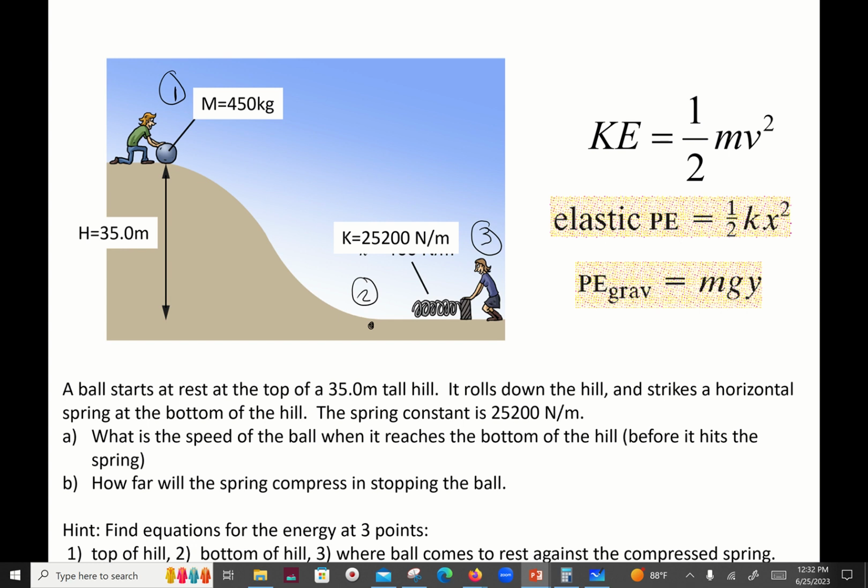So what we want you to do is find the speed of the ball at point 2, and then find how far the spring compressed in stopping the ball at point 3. And again, if you can solve these 2 kinds of problems, the one that I did and this one here, you should be able to do any problem that you see on the test.